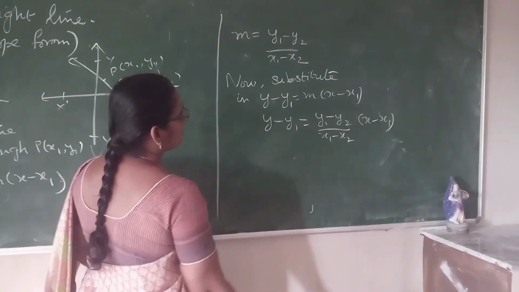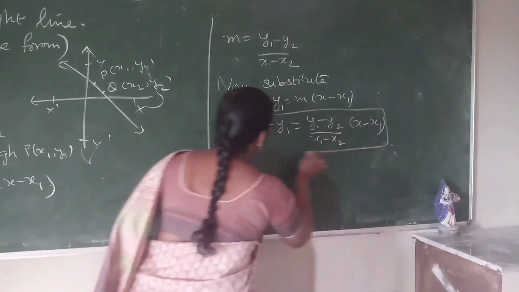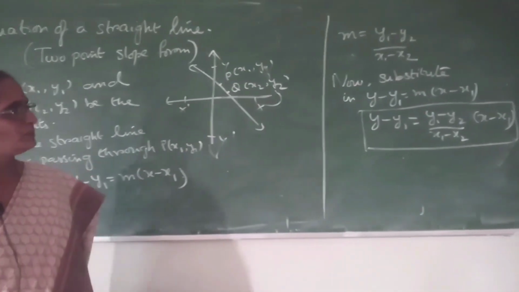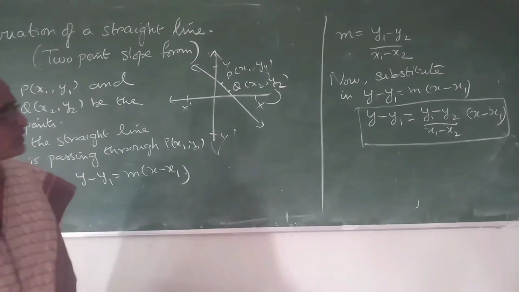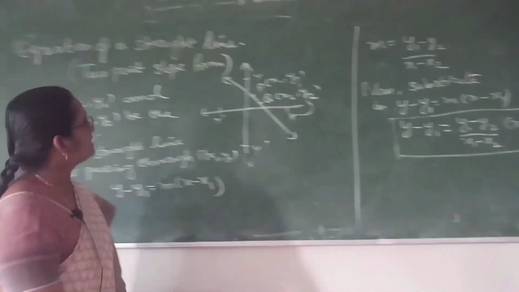Now how are you going to write this one? You can leave like this also. Y minus y1 is equal to y1 minus y2 by x1 minus x2 into x minus x1. So this is 2-point slope form.